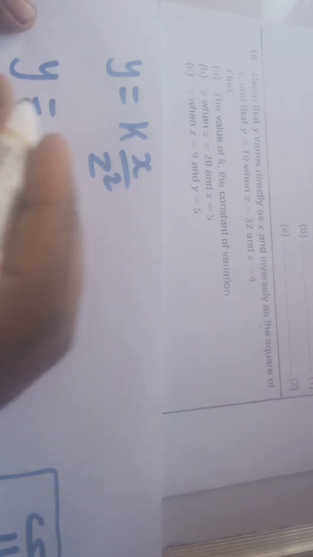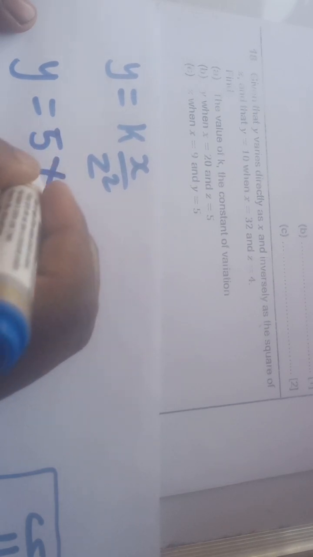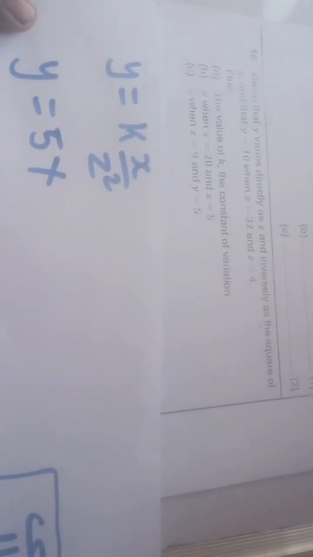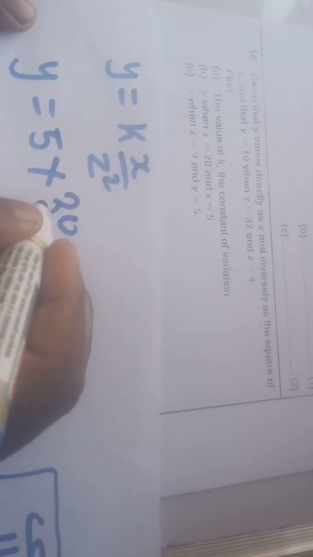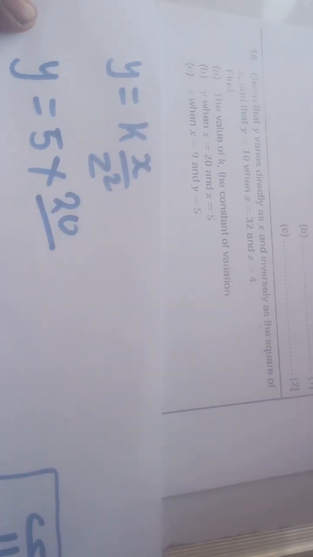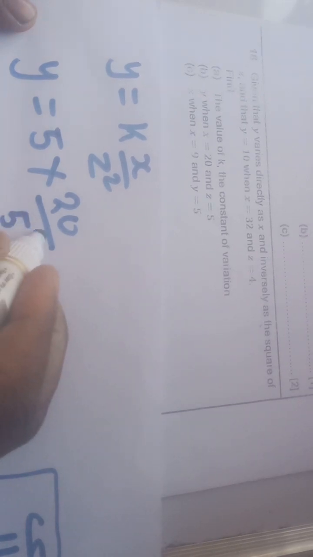We know the value of k, which we found to be 5. So you say 5 times x, which is 20, over the value of z, which is 5, squared.